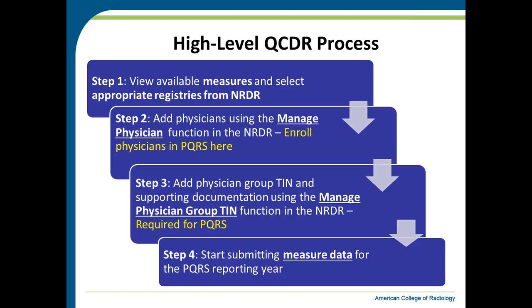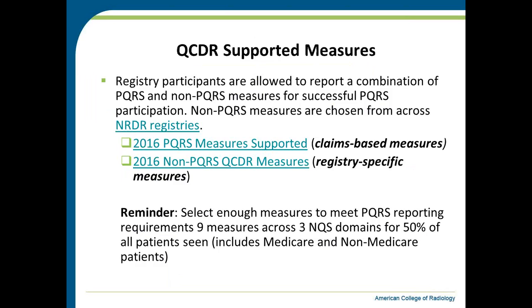And then lastly, the last step is to actually start submitting measure data to our registries for PQRS. We do have 2 sets of measures. The QCDR supports 2 types of measures. We have the traditional PQRS measures that have always been in the program, and then we have a list of non-PQRS measures.